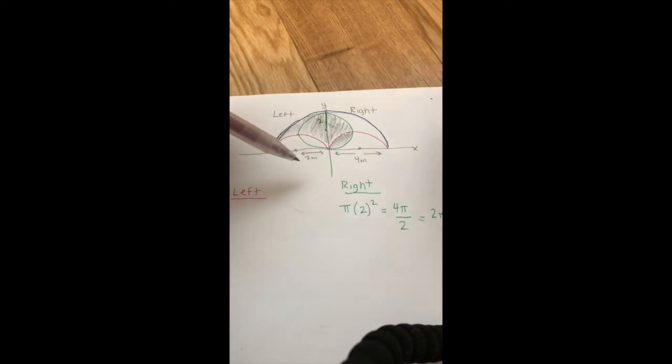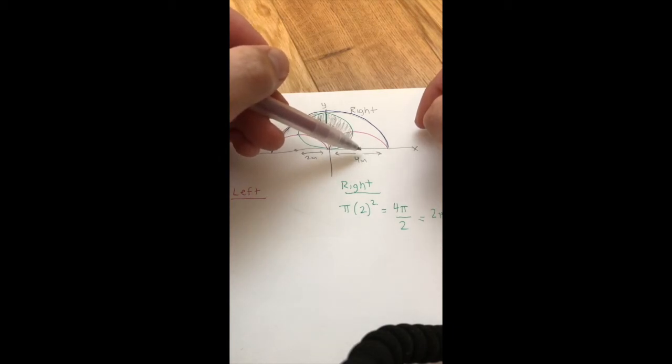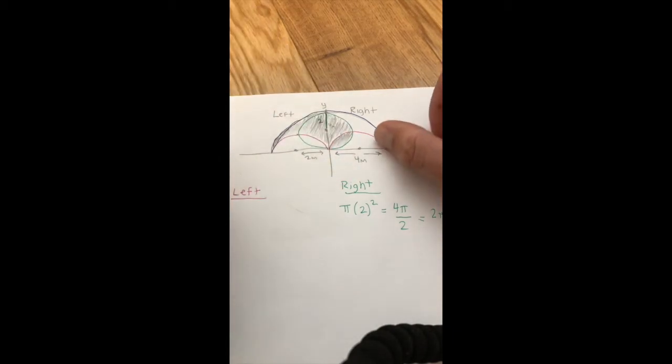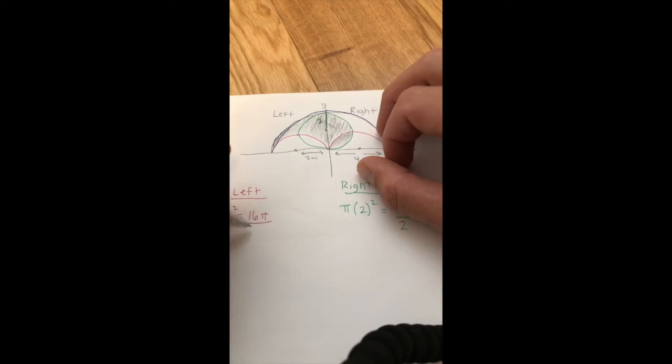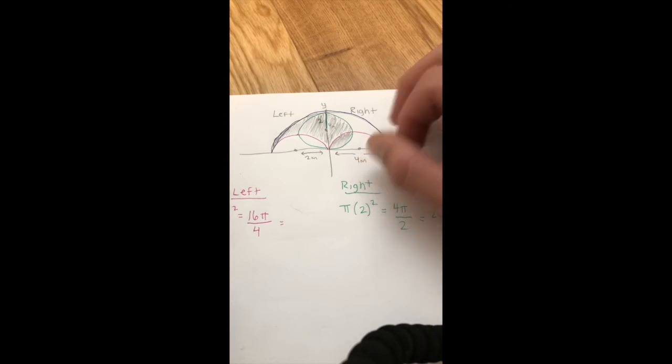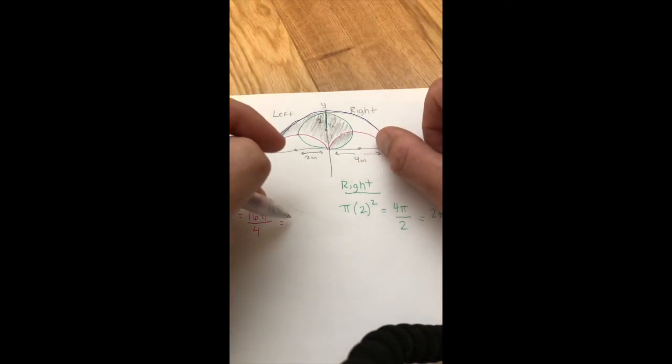It would be a radius of 4. If we did the whole blue circle, it would be a radius of 4, so pi times 4 squared, which gives us 16 pi. But we only want a quarter of it, right? So we're going to divide it by 4. Well, what's 16 over 4? Exactly, that's 4 pi.